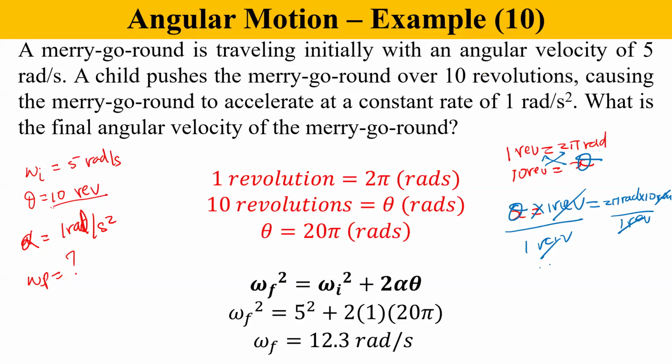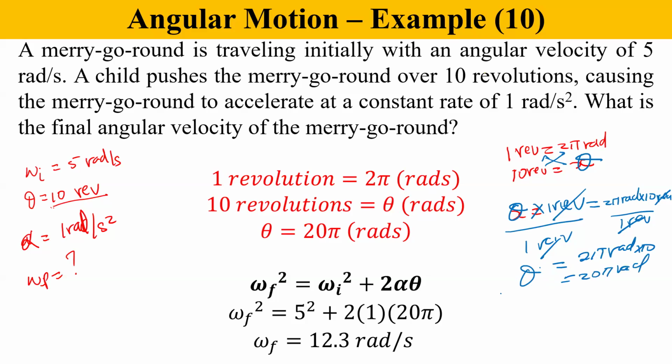Theta is equal to 2 pi rad times 10, and you would have converted theta to 2 pi rad times 10. So this would give you in all 20 pi rad.